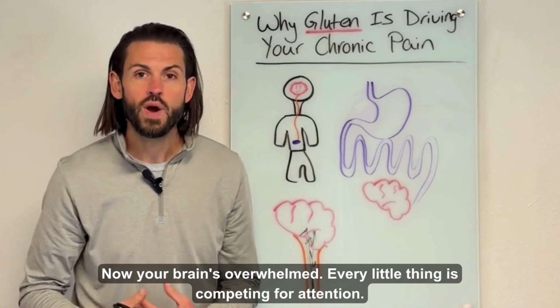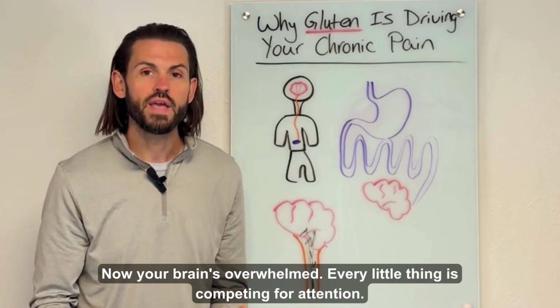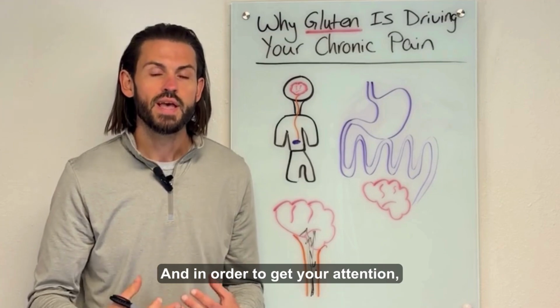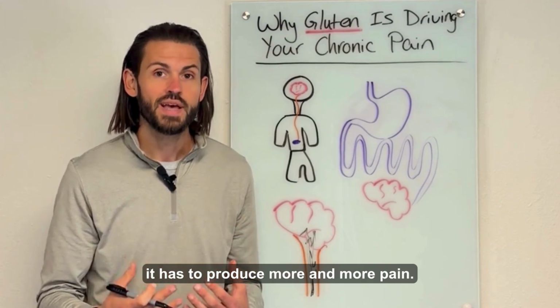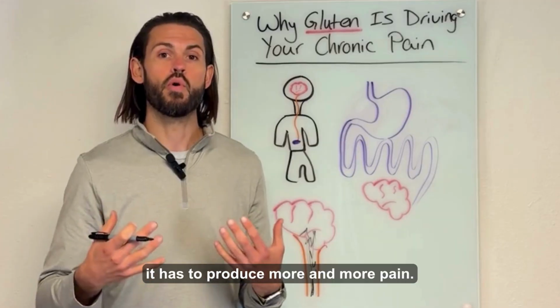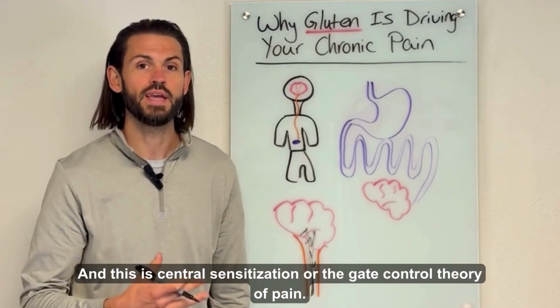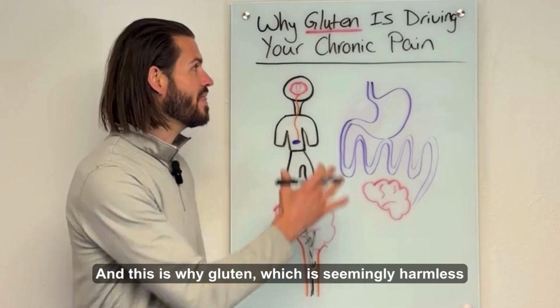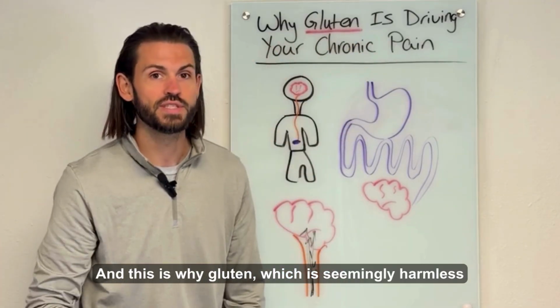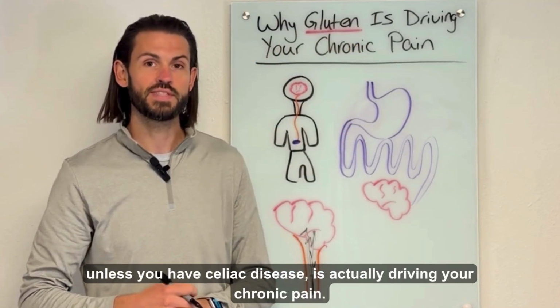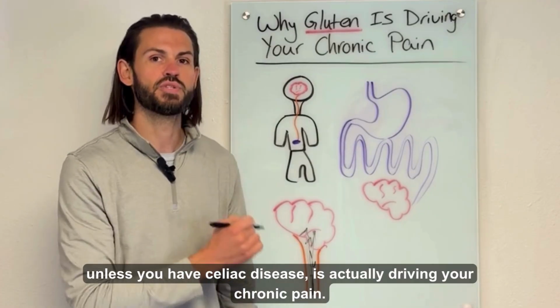Now your brain's overwhelmed. Every little thing is competing for attention, and in order to get your attention, it has to produce more and more pain. And this is central sensitization, or the gate control theory of pain. And this is why gluten, which is seemingly harmless unless you have celiac disease, is actually driving your chronic pain.